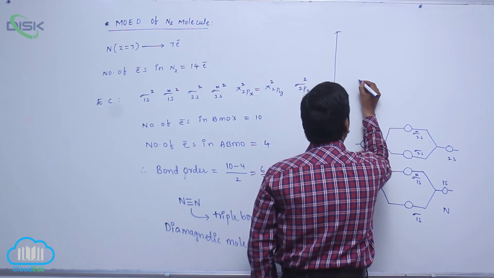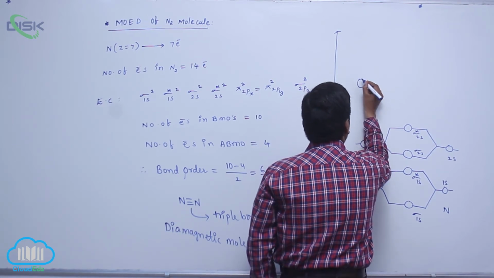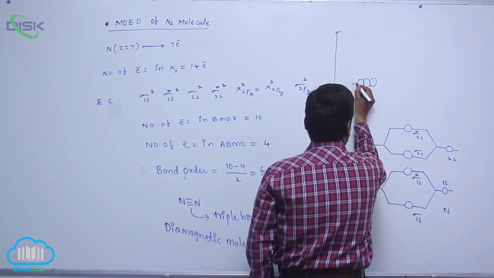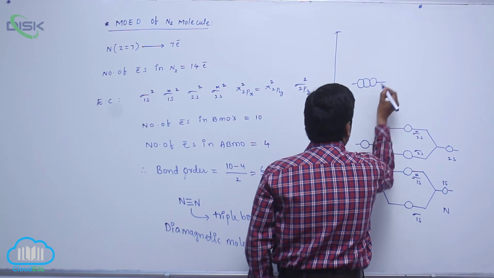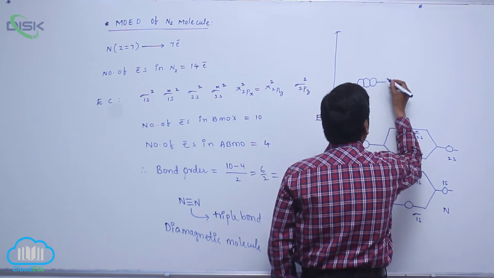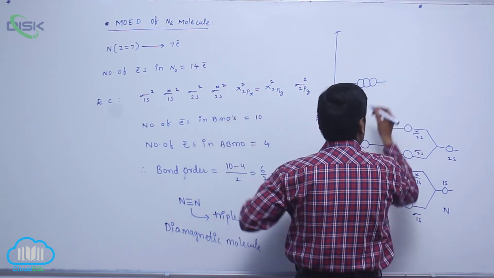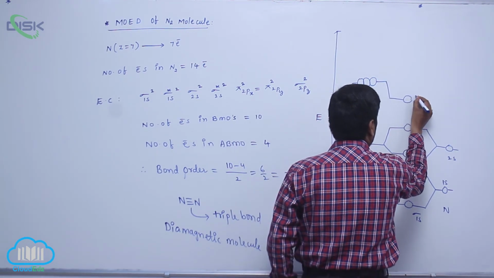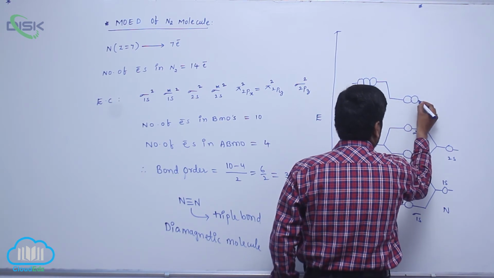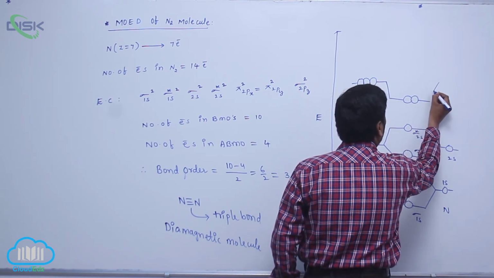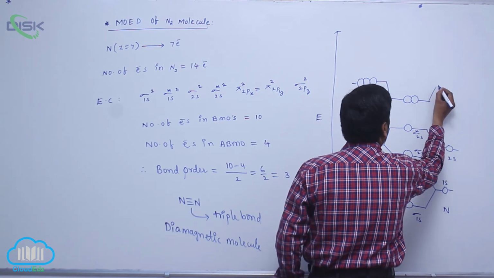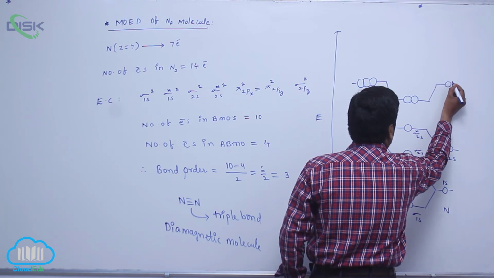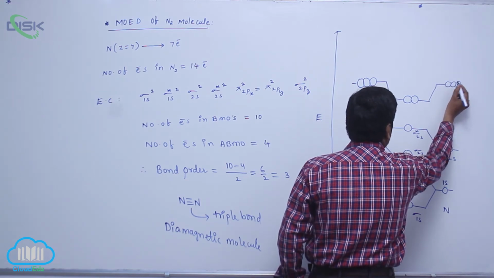The first lower energy orbitals are 2 degenerate orbitals.